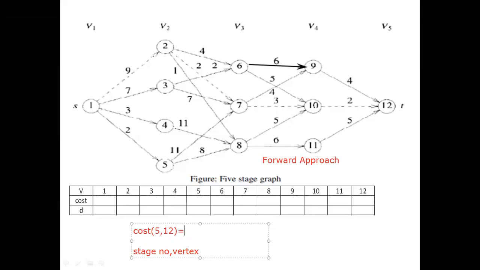In other terms, if I ask what the shortest path from 12 to 12 is, obviously you know that it is 0. Now we find the cost. What is the cost of 12 to 12? It is 0. That I can write here. I hope it's clear. Now let us see what D is.